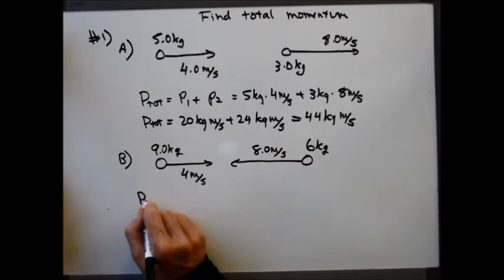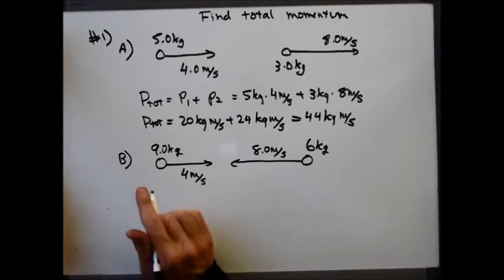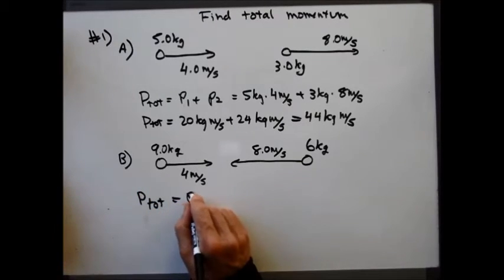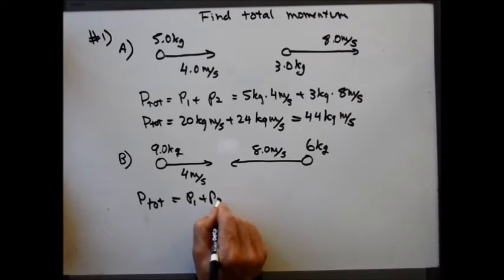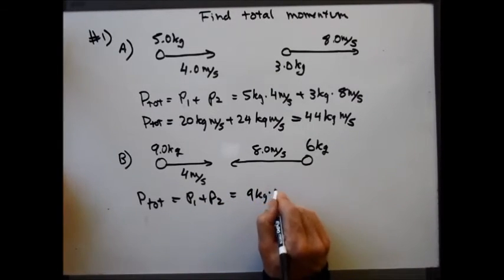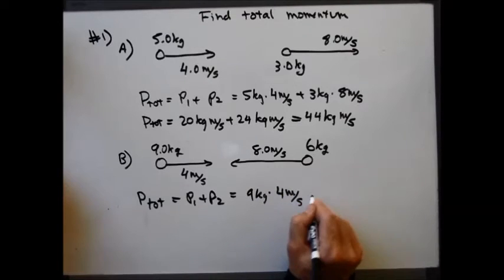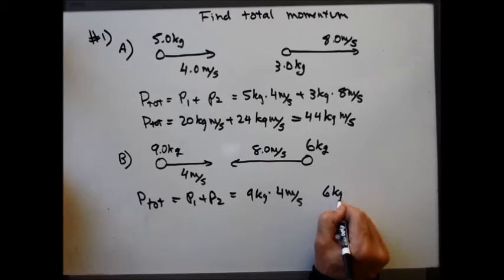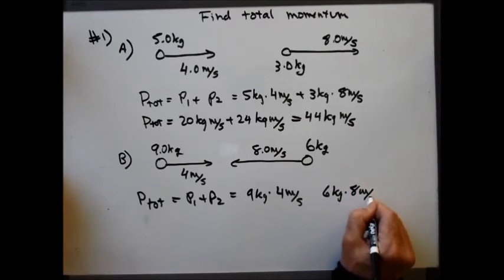Right. And so P tot is P1 plus P2, and that's 9 kilograms times 4 meters per second, and the other one is 6 kilograms times 8 meters per second.